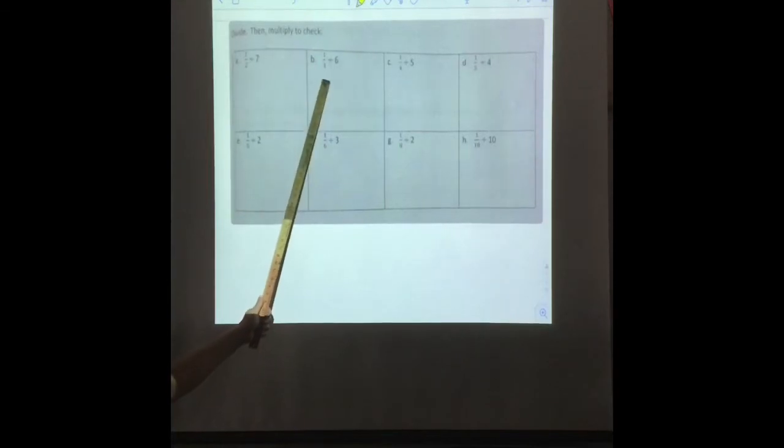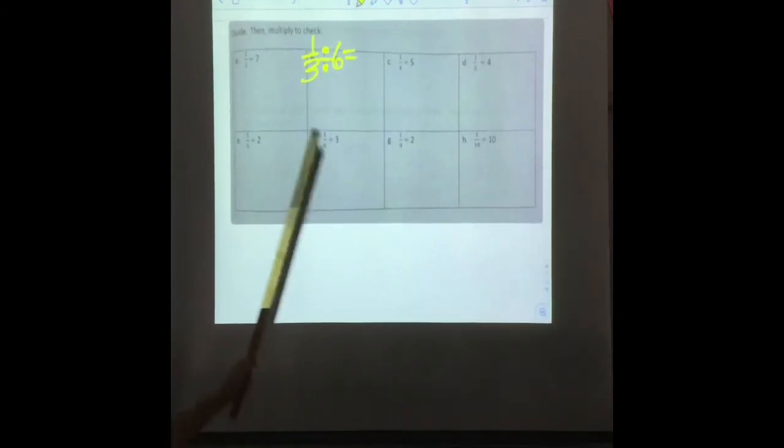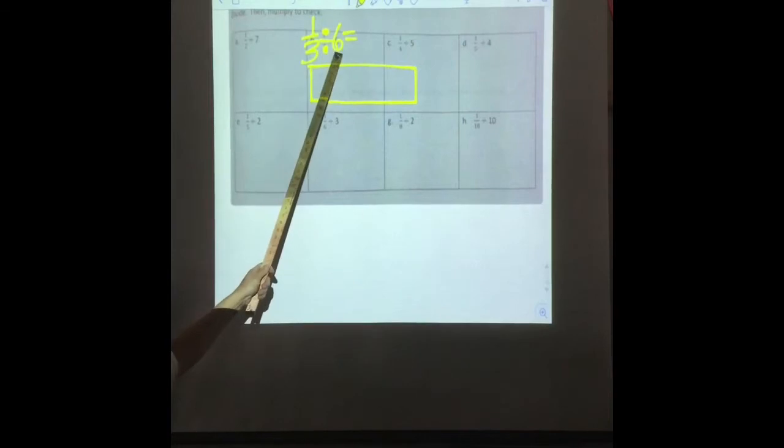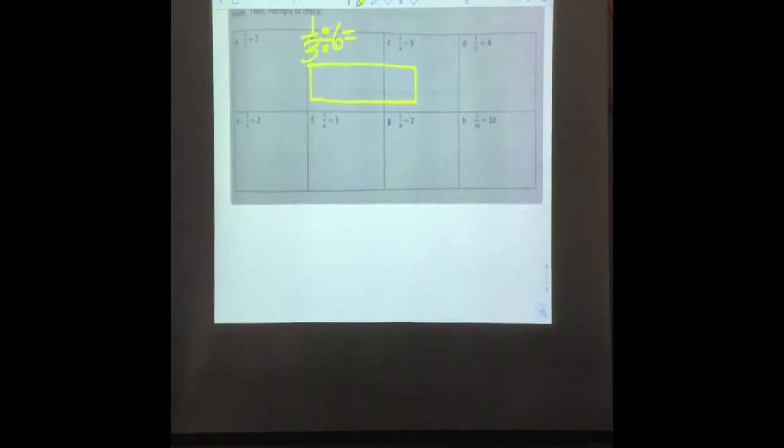Let's do 1/3 divided by 6. How do we do this? Okay, so we have a third and we're dividing by 6. So we're going to cut this up into thirds. And then we're going to cut these up into 6 pieces, right? 1, 2, 3, 4, 5, 6.